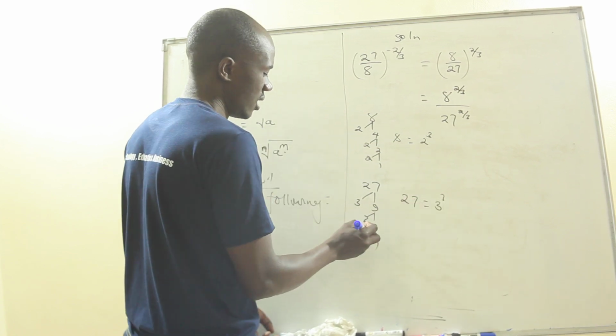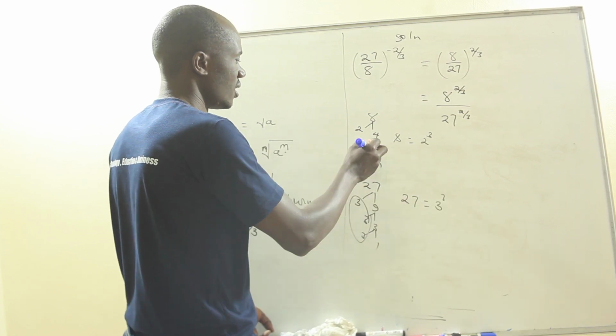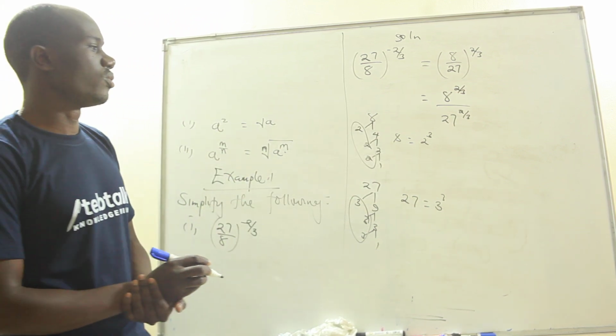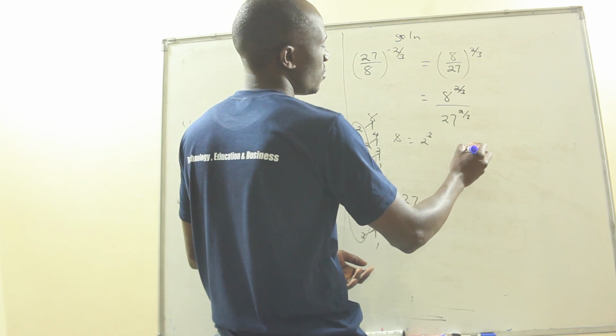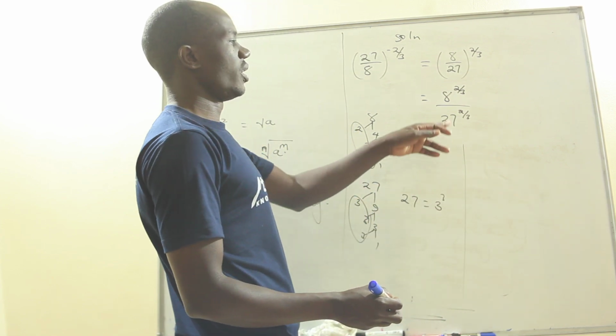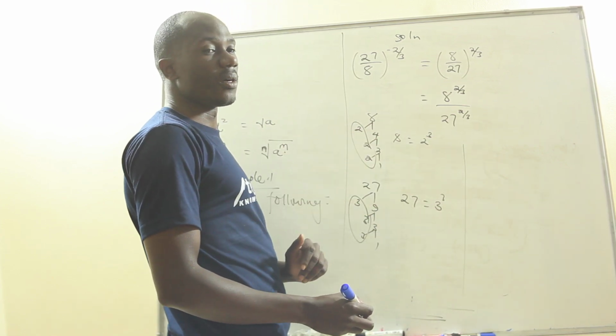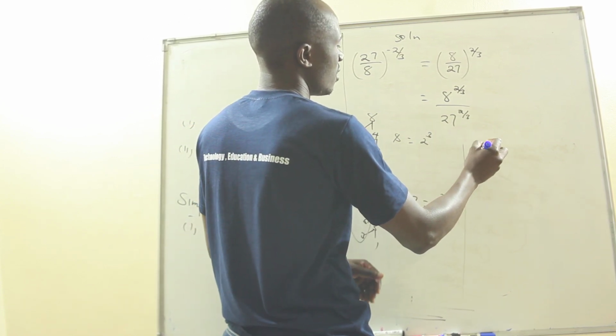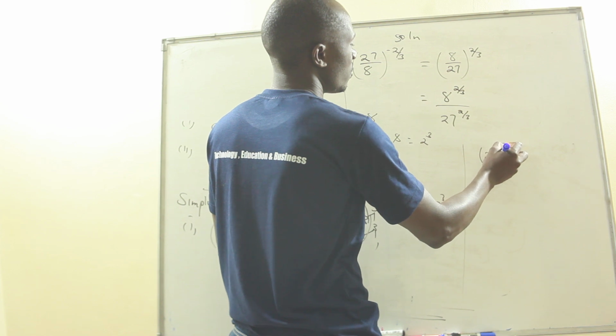How many 3's are here? There are 3. Even here, how many 2's? They are 3. So what we're going to do is break. Where you see 8, bring it to power 3, so this is the same as 2 power 3, with outside power 2 out of 3.